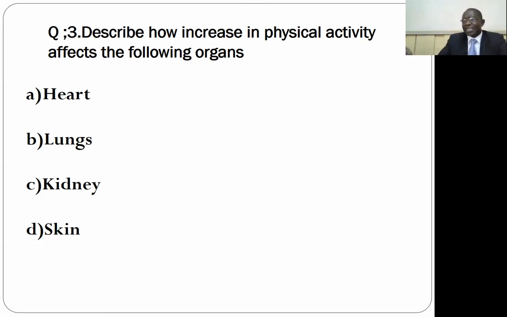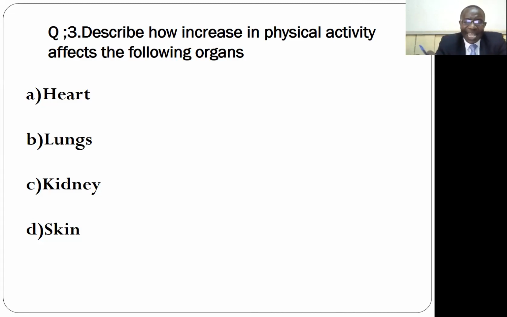And you find because this candidate may not have been well advised, this candidate may choose this question only to write how increase in physical activity would affect the heart and get 4 marks out of that, and then fail the one for lungs, fail the one for kidney, and fail the one for skin, and come up with 4 out of 20 marks. This is just an example.